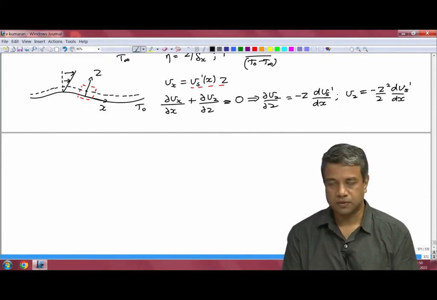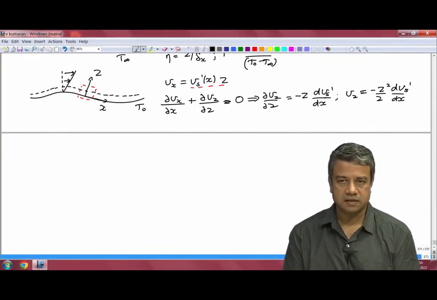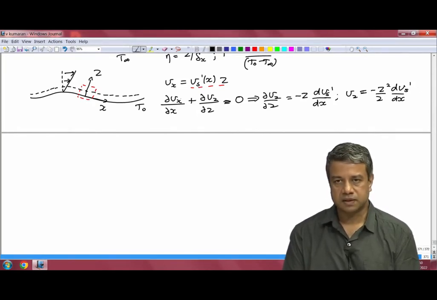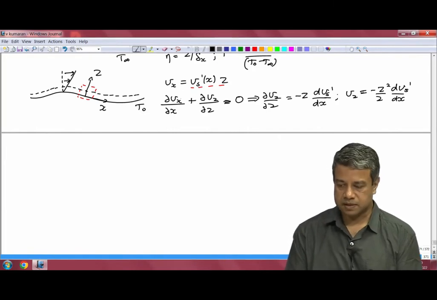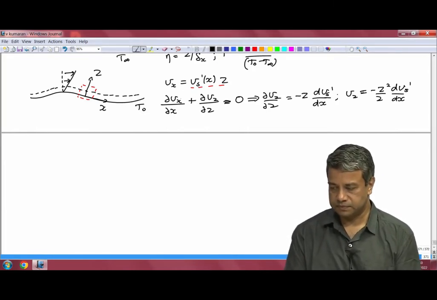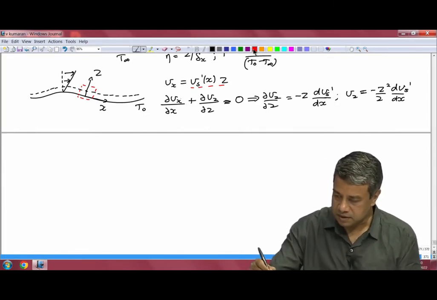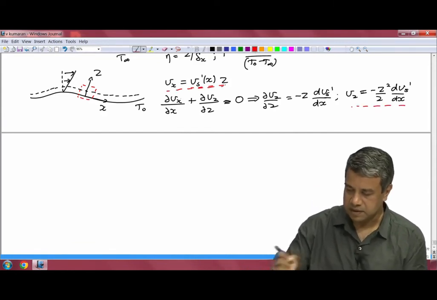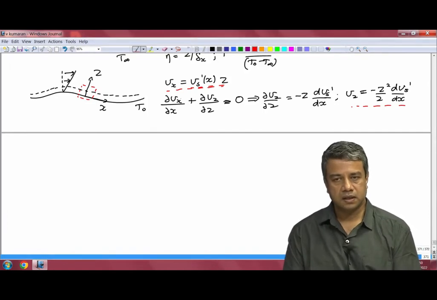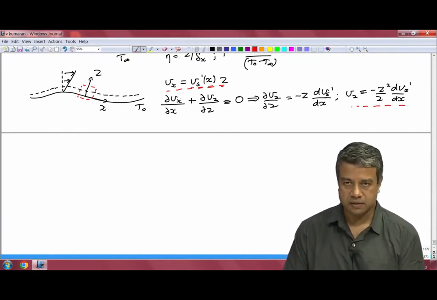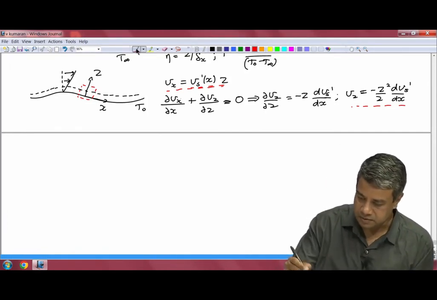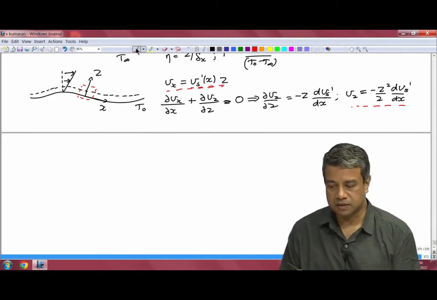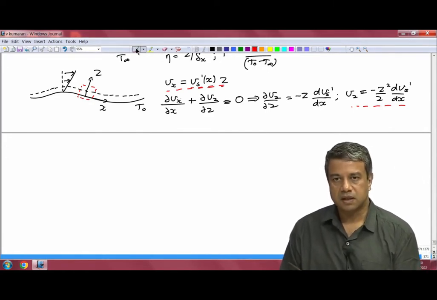So, to ensure that the no penetration condition is satisfied, the normal velocity is 0 at the surface, the constant in that expression has to be 0. Okay. So, we can substitute these two approximations for the two components of the velocity into the energy balance equation, along with the expressions for the temperature.